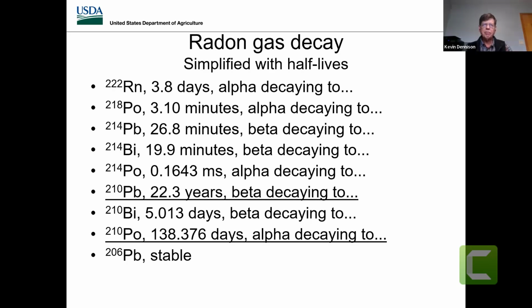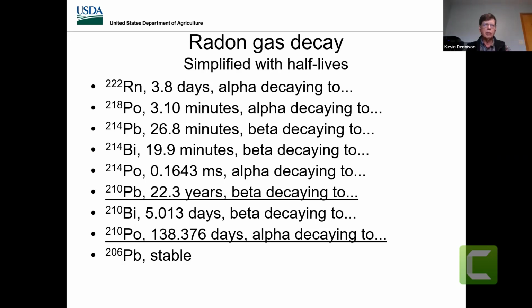If you look at this, since there's a lot of different radium and radon isotopes, this decay chain isn't exactly true in all cases, but it's a good example. You can see it's going from alpha decay and beta decay down, and it goes from days to minutes to milliseconds here, to 22 years for lead-210, and polonium-210, 138 days.